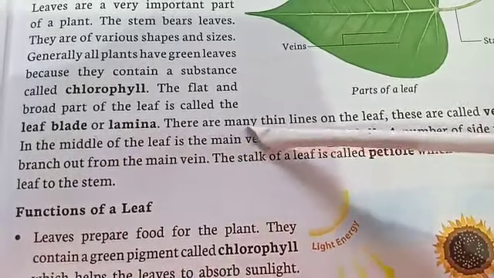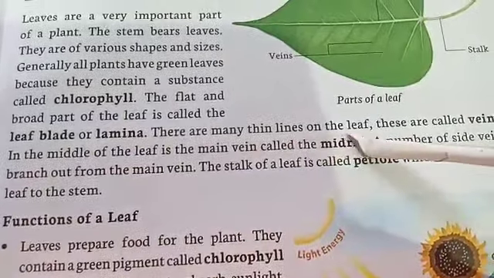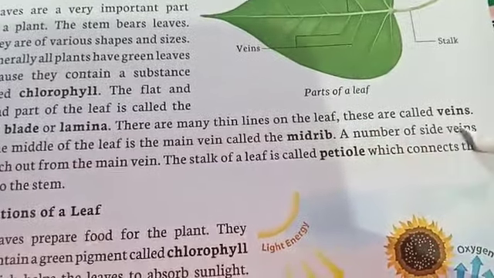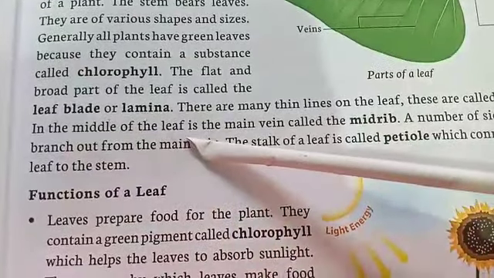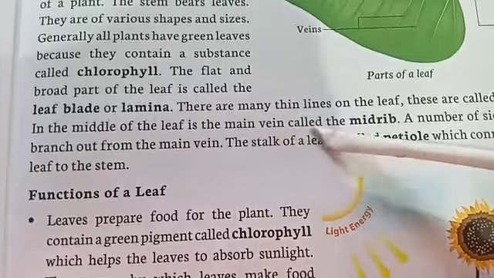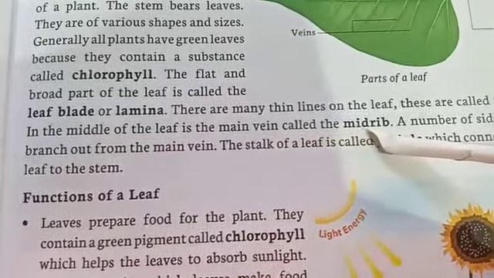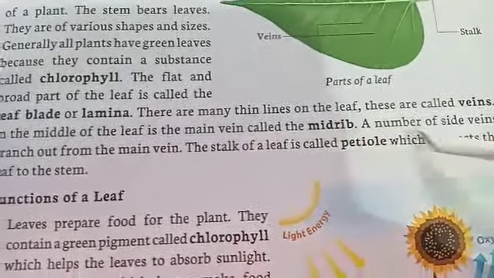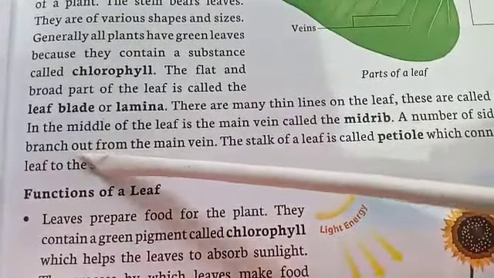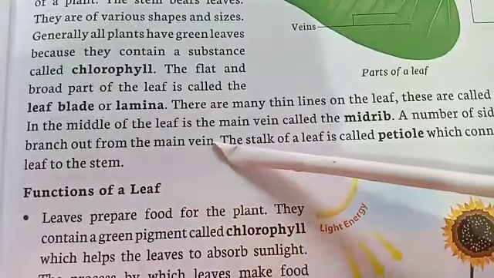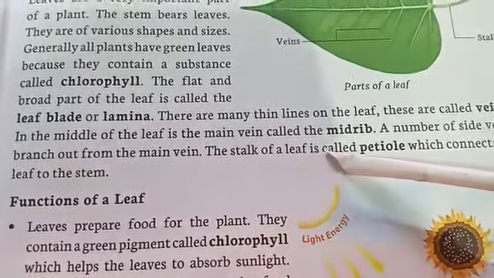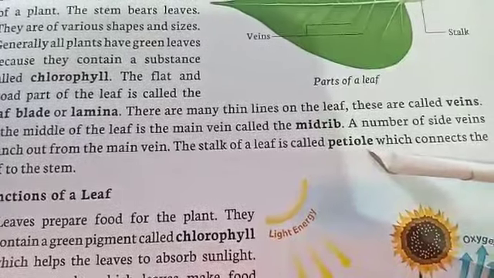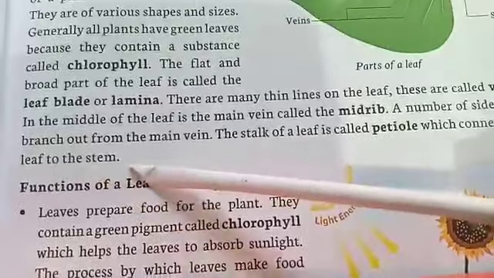There are many thin lines on the leaf. These are called veins. In the middle of the leaf is the main vein called the midrib. A number of side veins branch out from the main vein. The stalk of a leaf is called petiole, which connects the leaf to the stem.